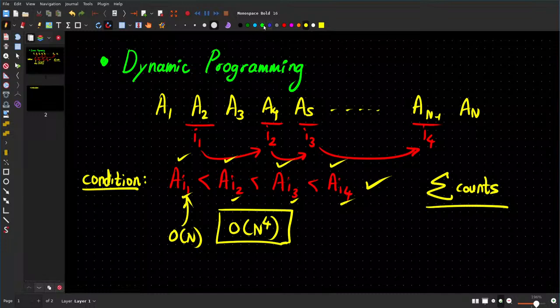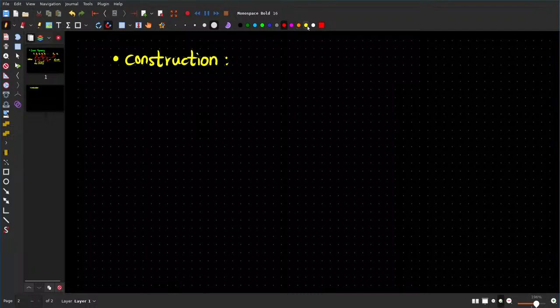In this case, we had a construction of 4 indices I1, I2, I3 and I4. So here the construction is a set of 4 indices. This is what you need to come up with whenever you are solving any type of DP problem.